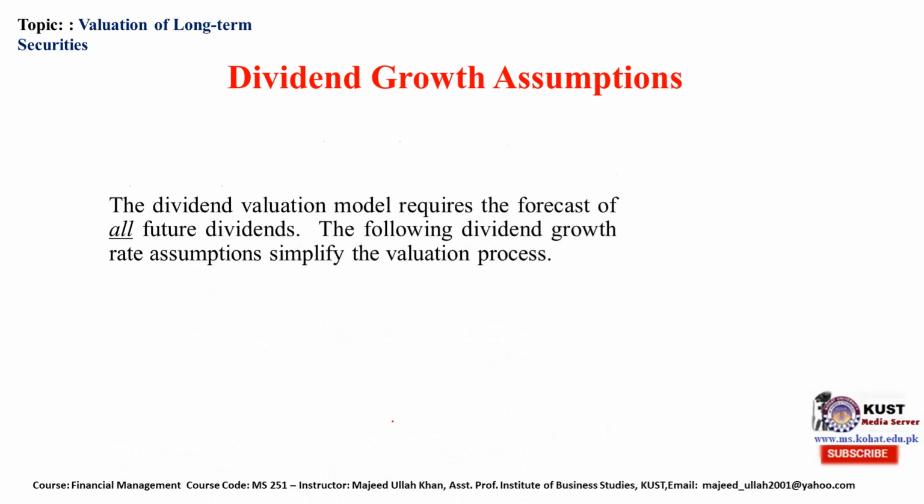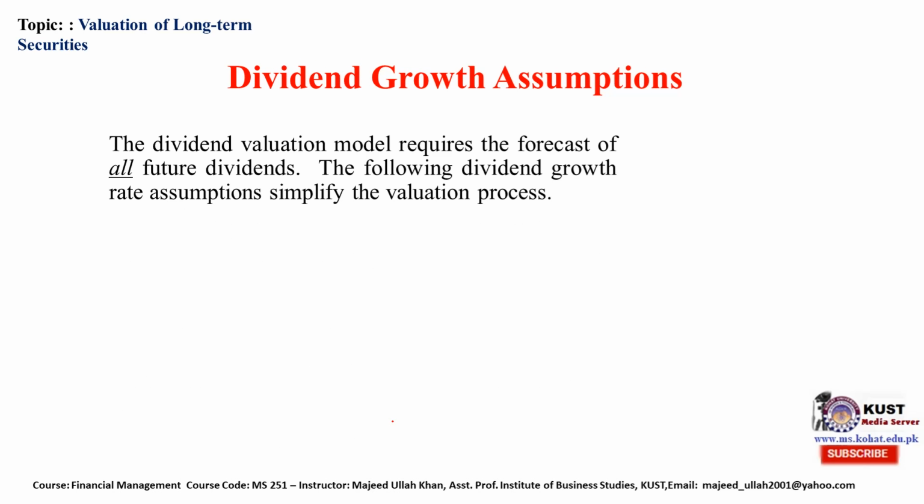Dividend growth assumption. Let me remind you that bonds have a coupon value. As we discussed earlier, there is no change in bond interest. Bond interest is certain for the future, so any increase or decrease in the market will not influence bond interest.